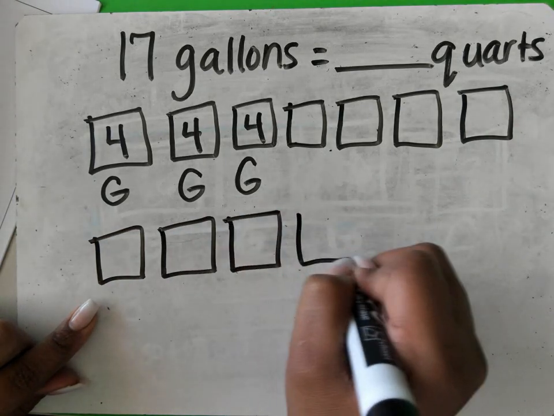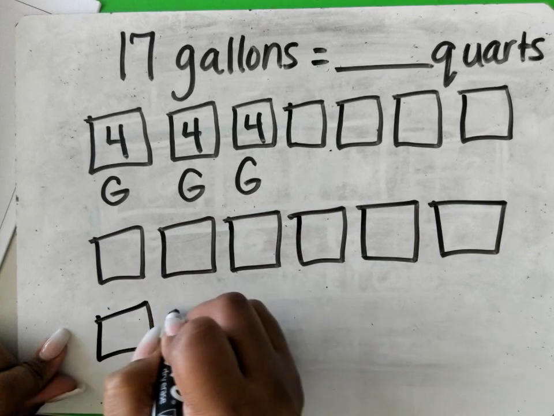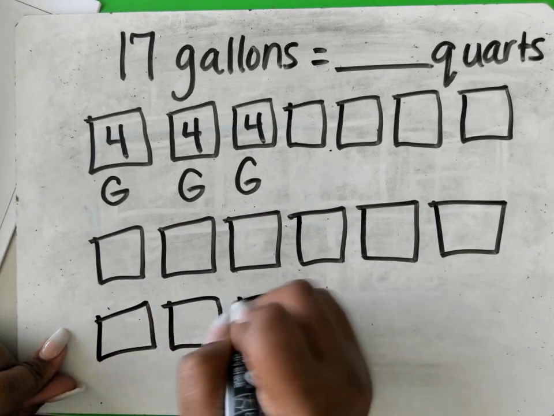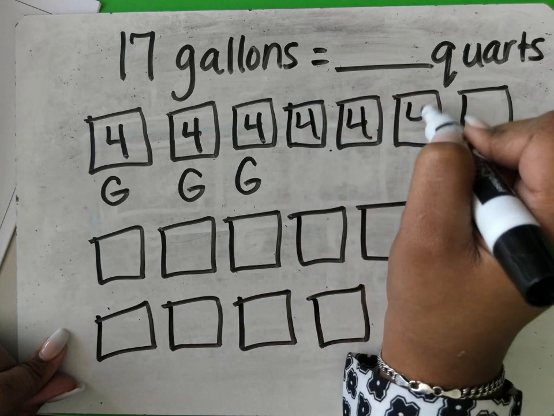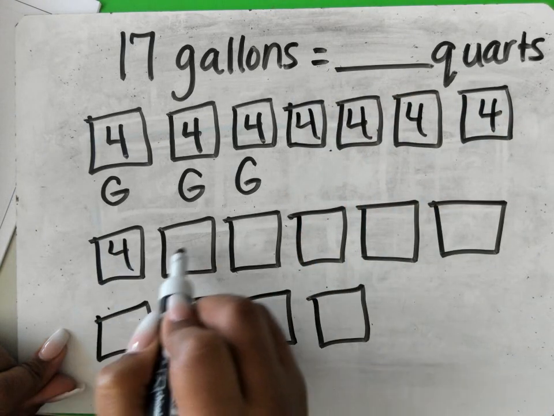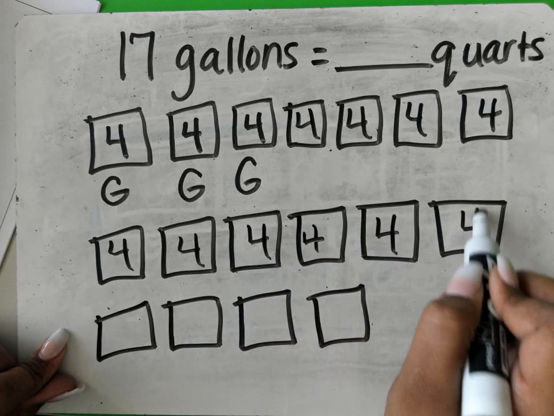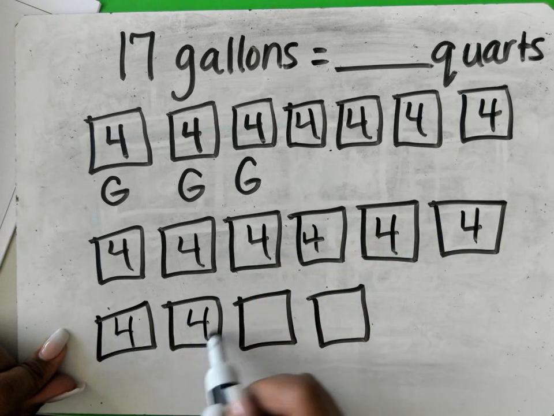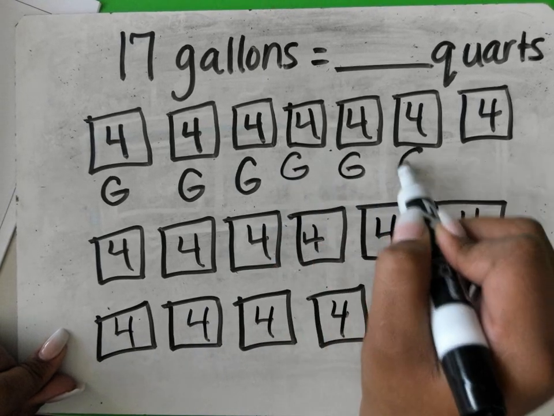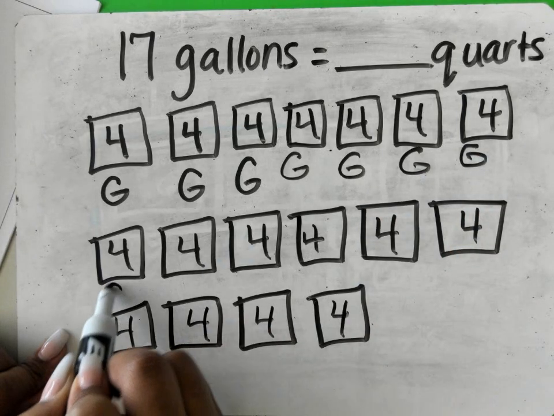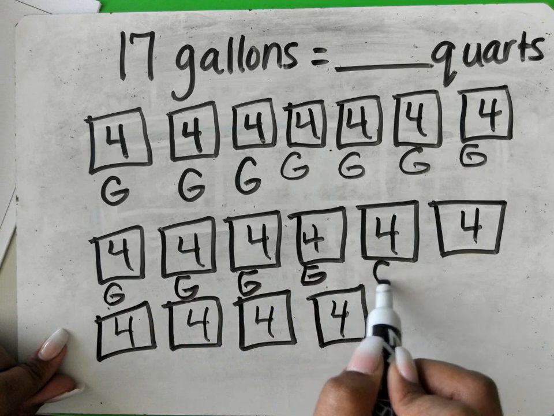Ten, 11, 12, 13, 14, 15, 16, 17. Okay? And I know that each gallon has 4 quarts. Okay? So all of these are a gallon. That's 17 gallons. And each gallon has 4 quarts because there's 4 quarts in a gallon, right?